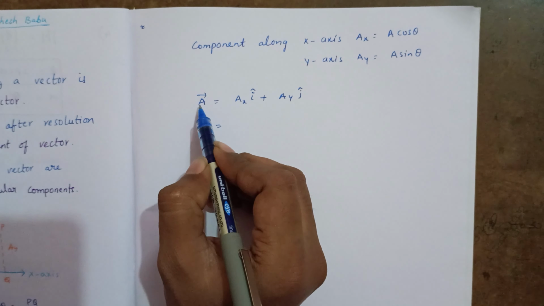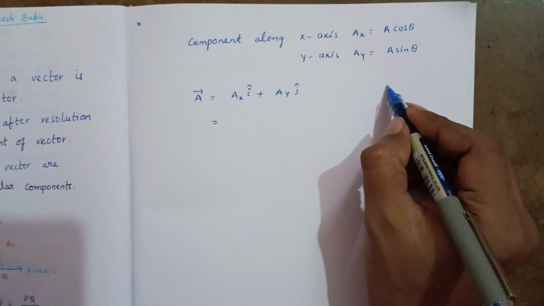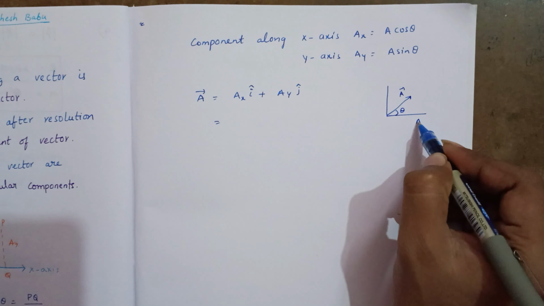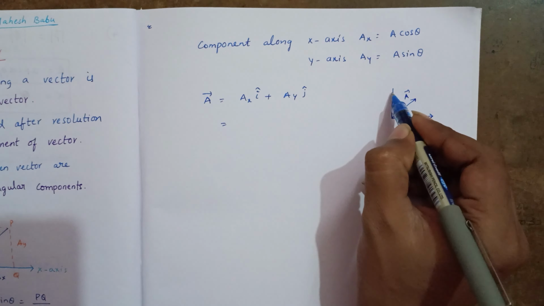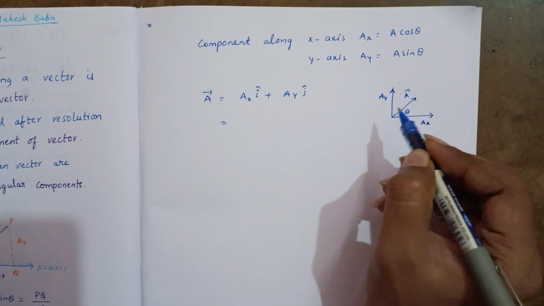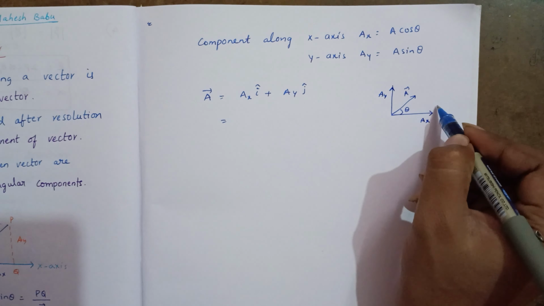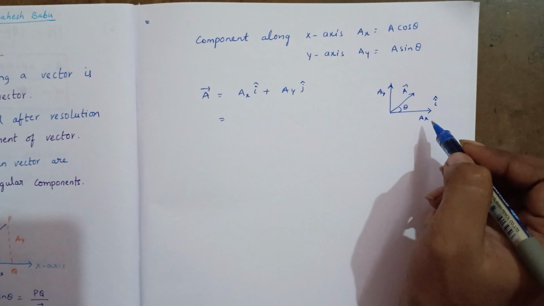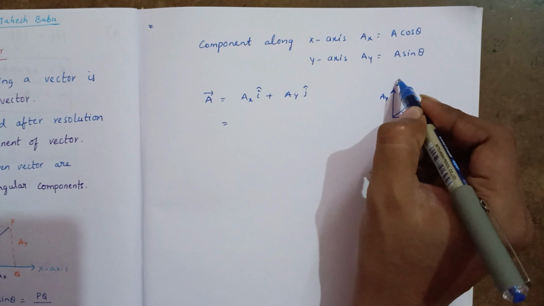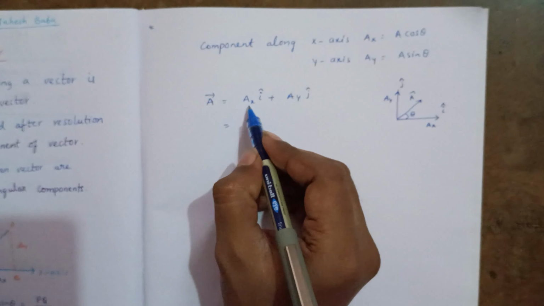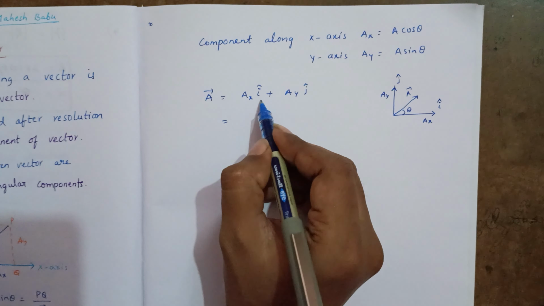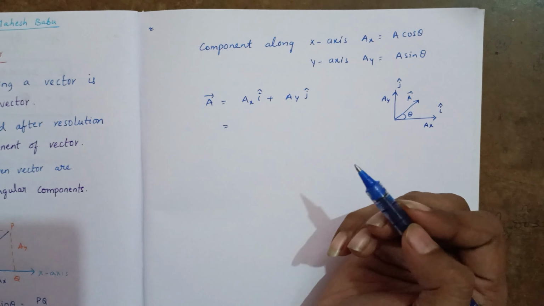Now if you take a vector A bar making theta degrees with the x-axis, AX is the magnitude along the x-axis, AY is the magnitude along the y-axis, and we know unit vector I is along the x-axis, J along the y-axis. So the vector A equals x-axis magnitude and direction plus y-axis magnitude and direction.